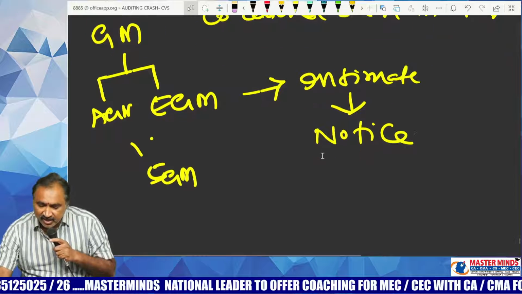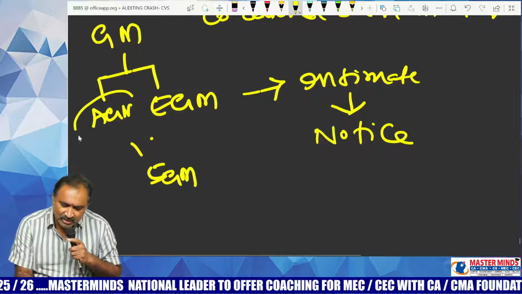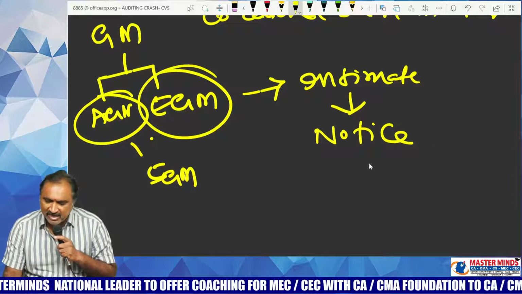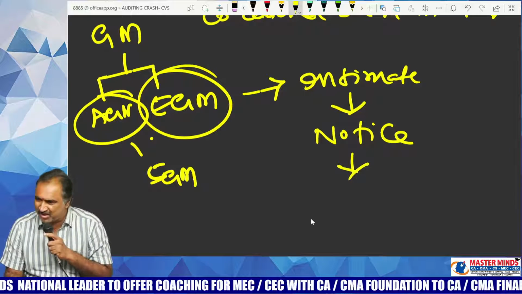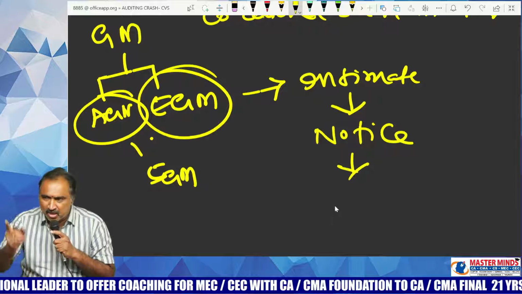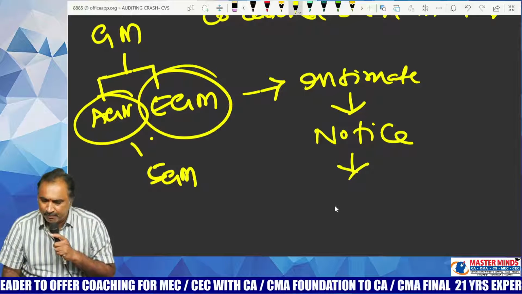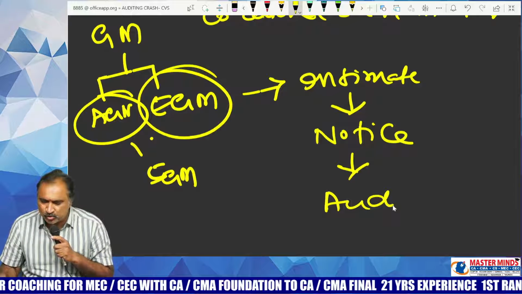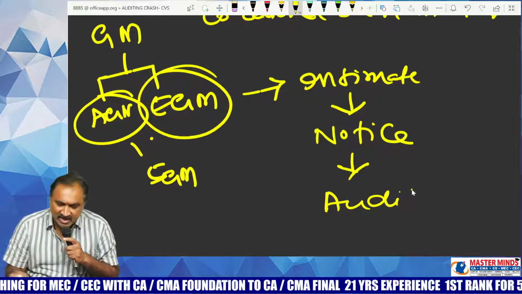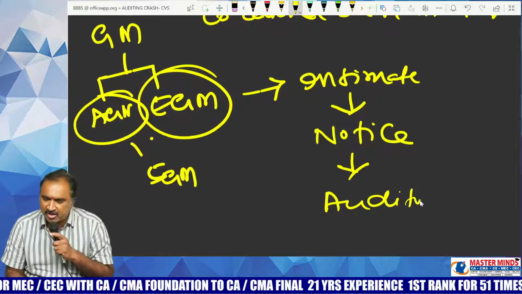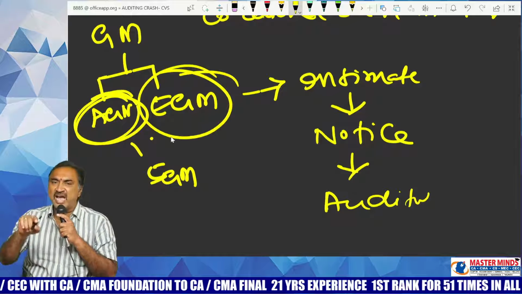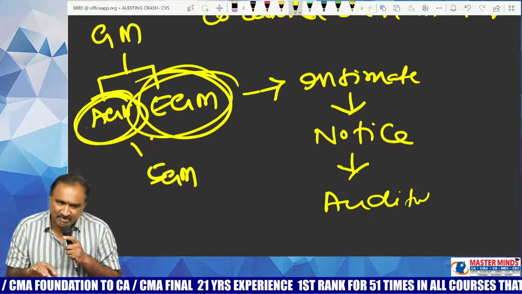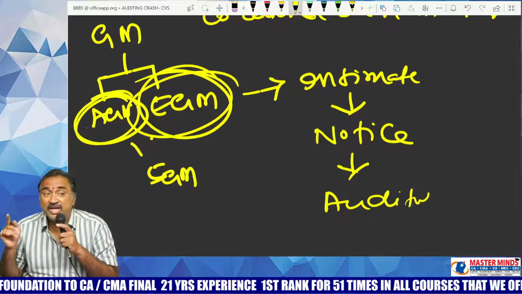And while sending notice of either annual general meeting or extraordinary general meeting to its shareholders, a copy of the same must also be provided by the company to its auditor. So the company is under obligation to send notice of either annual general meeting or extraordinary general meeting both to the members as well as to the auditors.